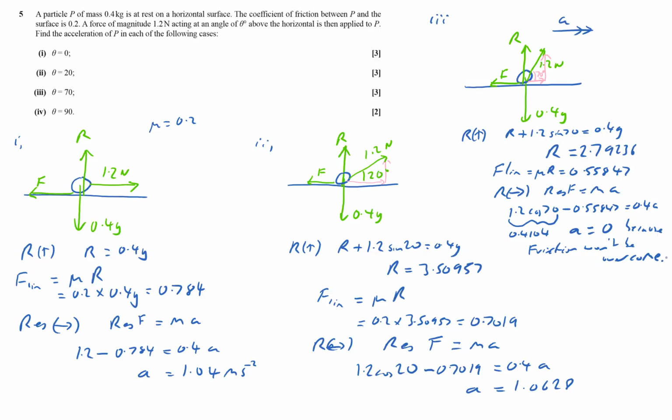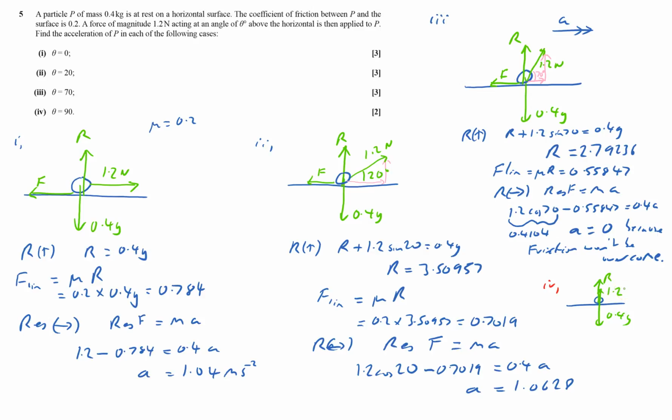And finally, part 4, I'm going to do it in red because it's going to get a bit squished here. I'll draw the picture as usual. We've got the weight coming straight down there, which is 0.4g. Got normal contact force going up. We've got 1.2 going straight up.